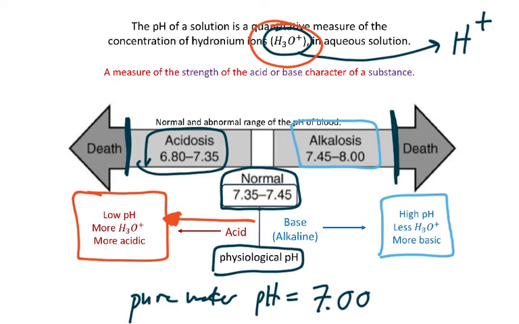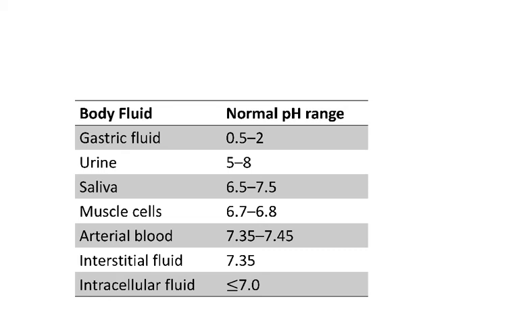Here's some other body fluids and the normal pH range. The only one that's really way different than about 7 is gastric fluid, which is a really low pH. That's HCl, so that's the acid in your stomach. The rest of these hover around 7.